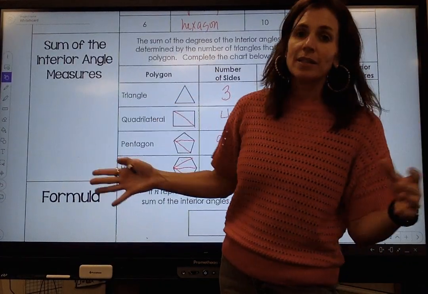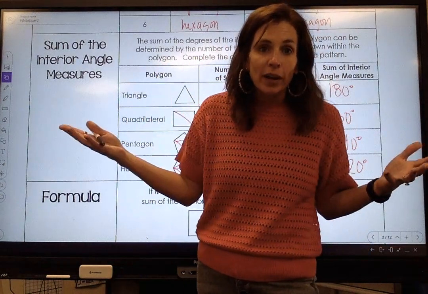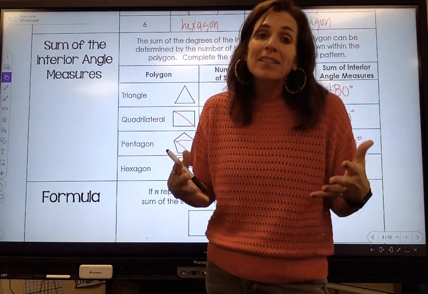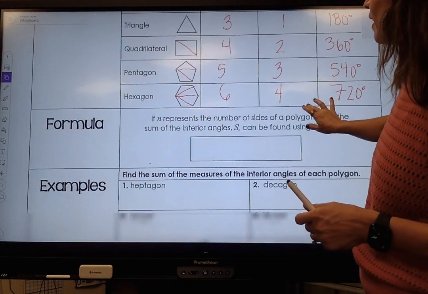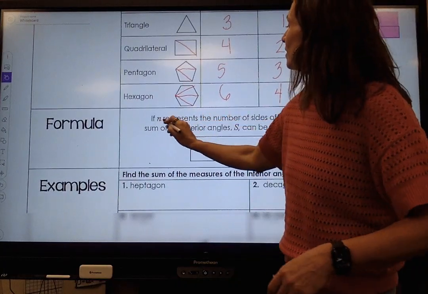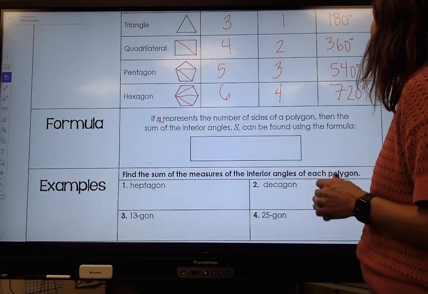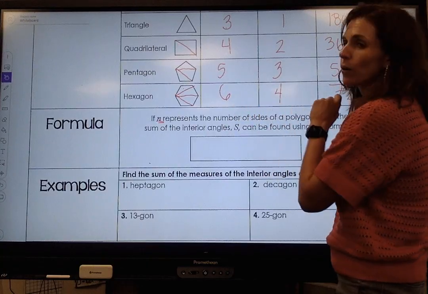Now, I'm not going to sit there and draw a 20-sided polygon and figure out how many triangles are in a 20-sided polygon. So there has to be a formula for how I do it. So if n represents the number of sides, then the sum of the interior angles can be found using a formula. Look what we did. How did we go from 6 to 4?